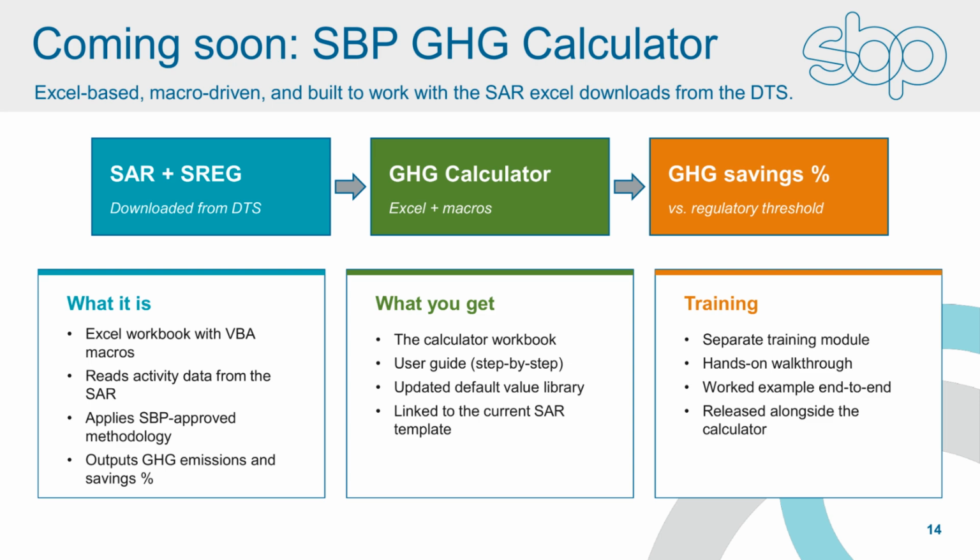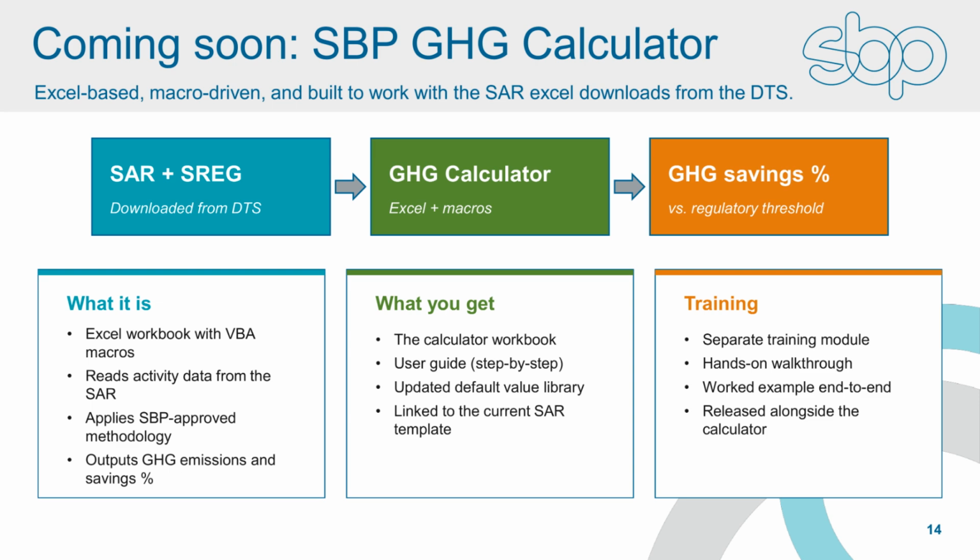A few practical things to know. It's an Excel workbook. It uses VBA macros, so when you open it, you'll be asked to enable macros. It reads the activity data straight out of the SAR, applies the SBP approved methodology, and outputs the emissions and the savings percentage, minimizing human error. When SBP publishes it, you'll get the calculator workbook itself, a step-by-step user guide, and an updated default value library.